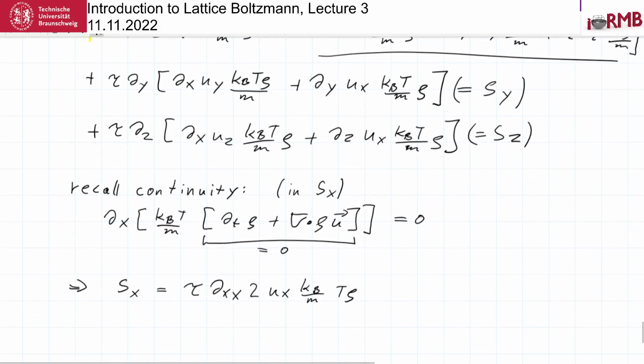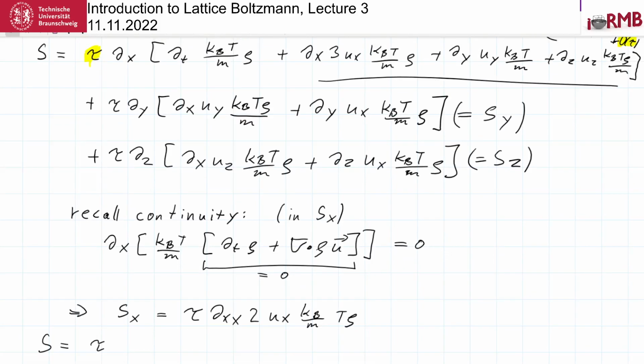So now with this we can write the entire S part like this. We put tau in front, and now I isolate different parts. So what I want to have is the second derivatives that go in x, x, y, y, and z, z direction separately.